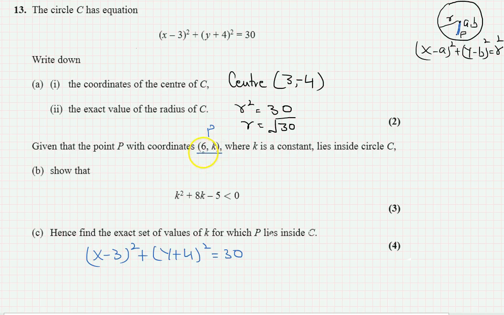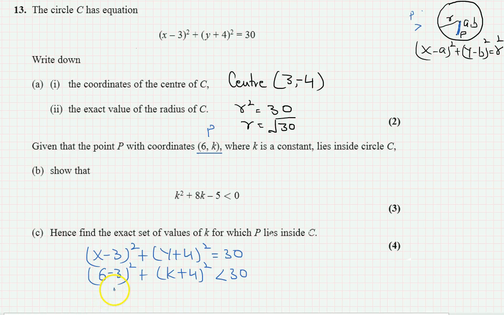And x and y can be replaced by 6 and k. So (6 minus 3) squared plus (k plus 4) squared is less than 30 because it's lying inside. Had it been outside point P, it would have been greater than. On the circle, equal to.